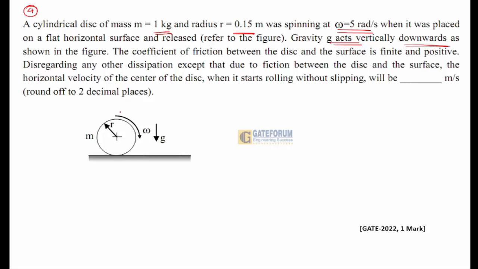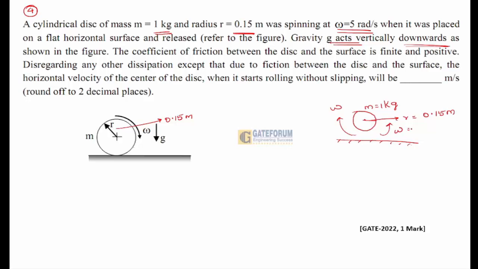Right. Mass is given as 1 kg. Radius is 0.15 meter. It is rolling on the surface.